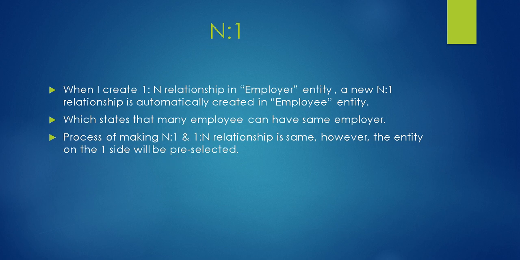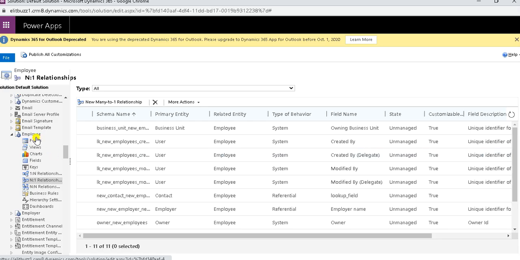Okay, I'll show you. I am inside the employee entity N:1 relationship component part. I will check whether the N:1 relationship is created inside employer entity or not after manually creating the 1:1 relationship in employer entity.